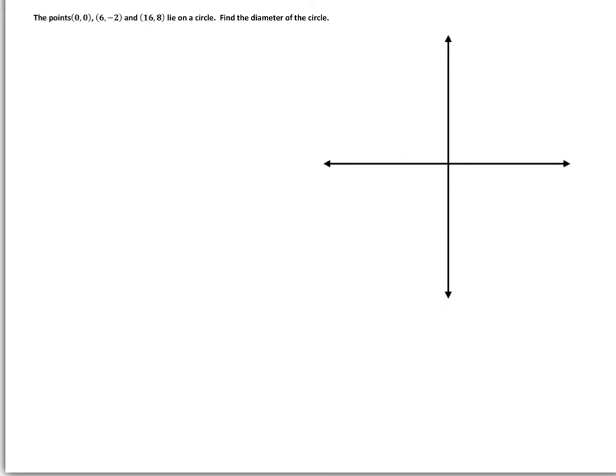Alright, it says the points 0, 0, 6, -2, and 16, 8 lie on a circle. Find the diameter of the circle. Okay, so the first thing we've got to do here is draw our graph. I didn't make that big enough, so hold on a sec. 2, 4, 6, 8, 10, 12, 14, 16.